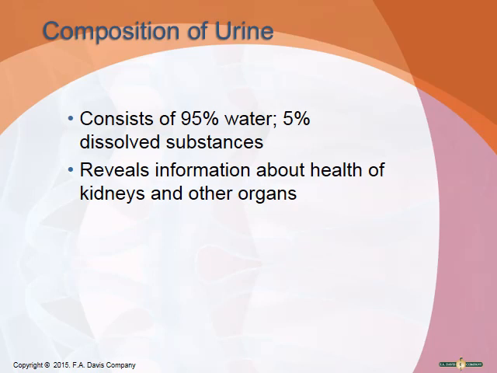That gives us an indication of how hydrated they are. And last would be pH. Generally, a pH around 6 is considered normal. A higher pH is telling us it's more basic or alkalotic, and a lower pH would be acidotic.